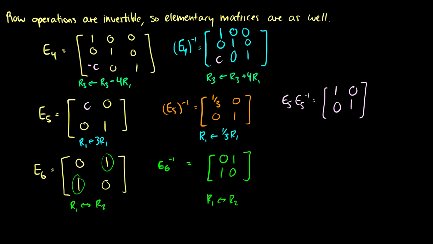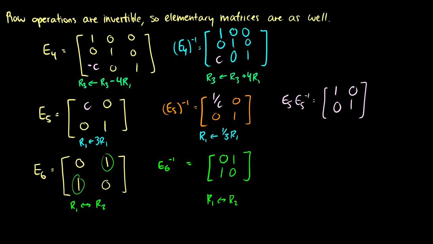In E5, we could use c, and then 1 over c. And with row switching, we could pick any two rows. So these generalize very easily, and this is going to be true for all of our elementary matrices, for our row operations anyway. Okay, so that is an elementary matrix. Each elementary matrix does only one operation. We will never have an elementary matrix that does more than one operation.